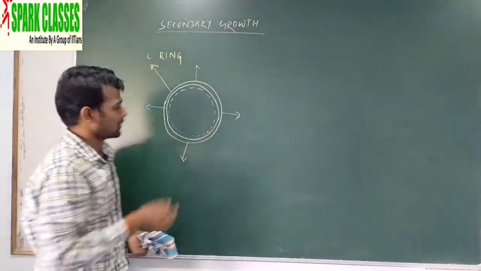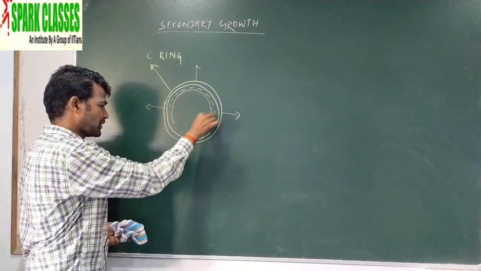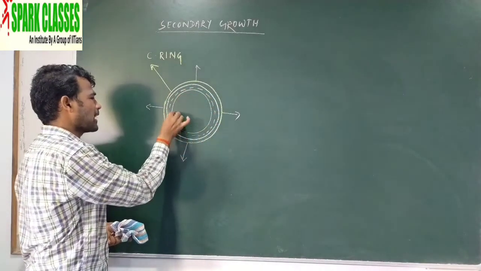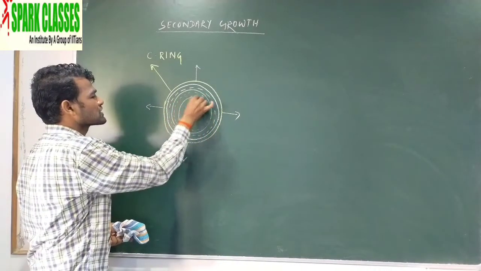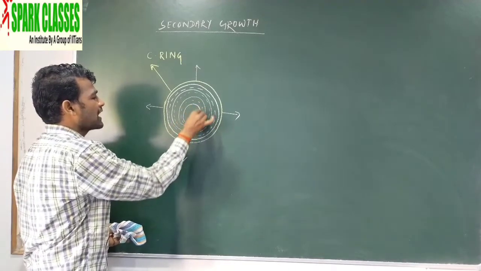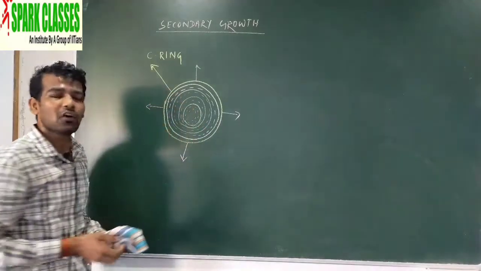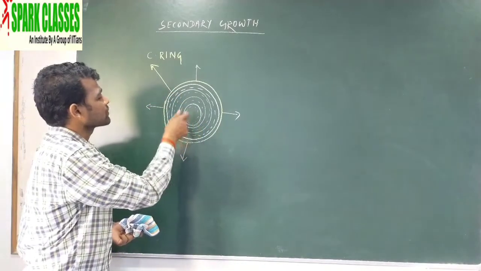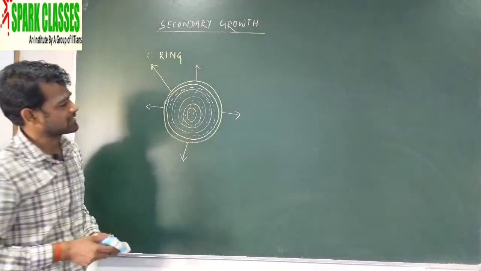Together they form an annual ring. You can count the number of rings after cutting the stem transversely, and you find many concentric rings. These rings are used to estimate the approximate age of the plant.